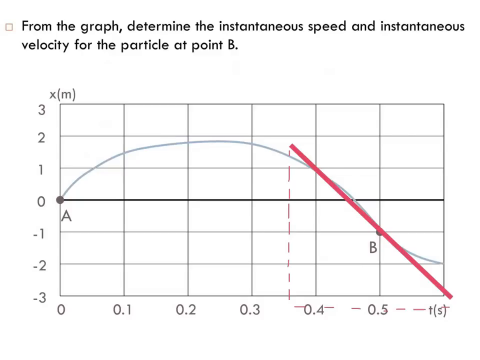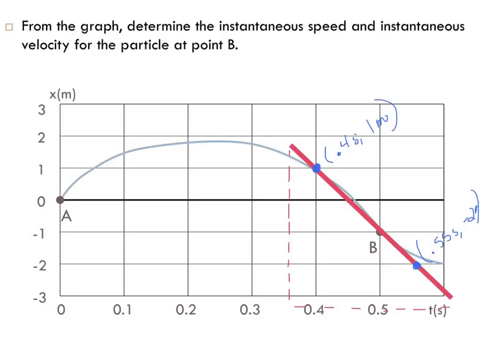For this particular case, I'm going to go ahead and estimate my coordinates. So I'll go ahead and use this one since I can see a point. And this one's actually fine. So the points I'm going to use are 0.4 seconds, 1 meter, and 0.55 seconds at -2 meters.